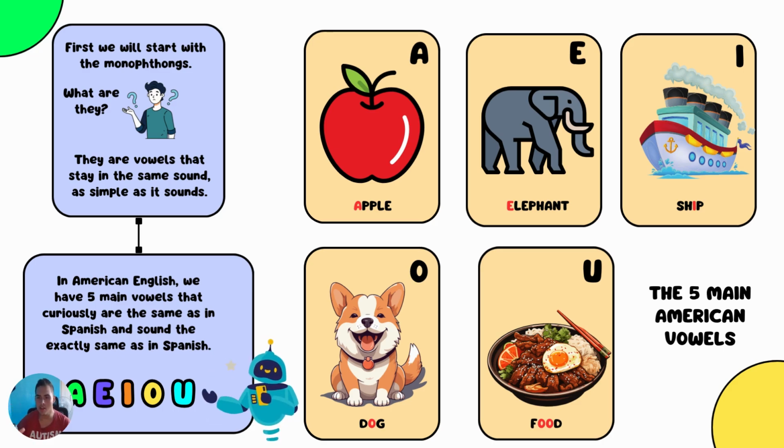We have e as in sheep. We have o as in dog. We have u as in food. And there is something very curious here because the monophthongs are pronounced exactly the same as in Spanish. Let's continue with the next one.